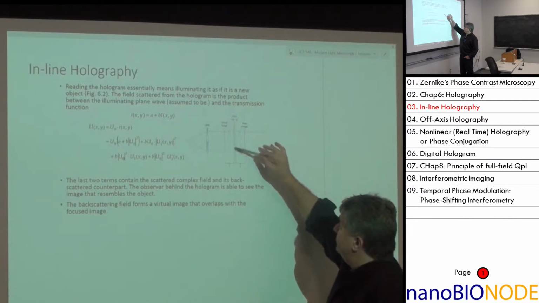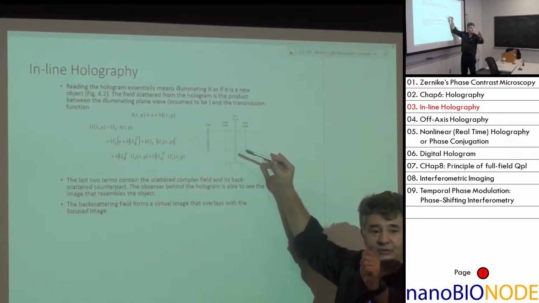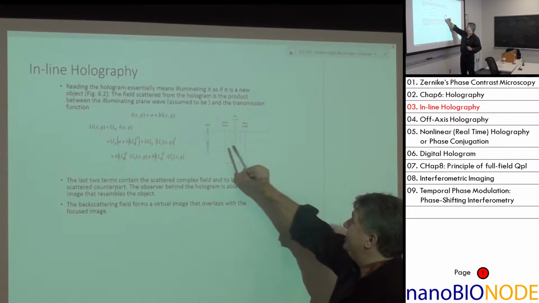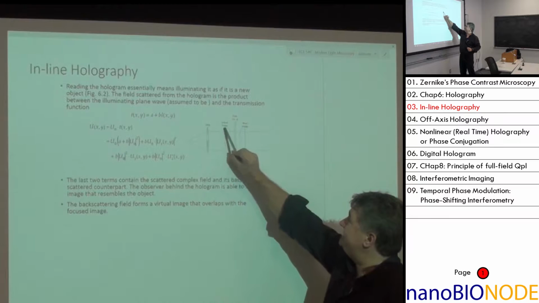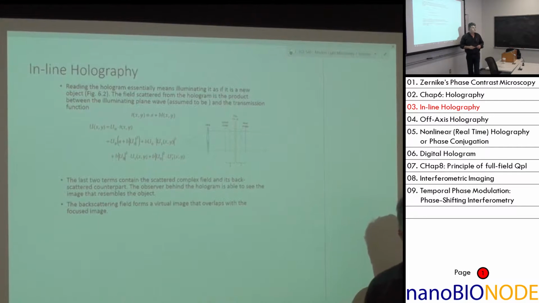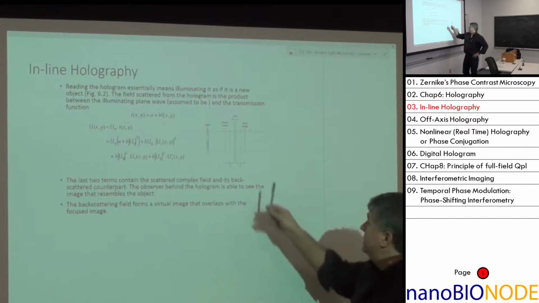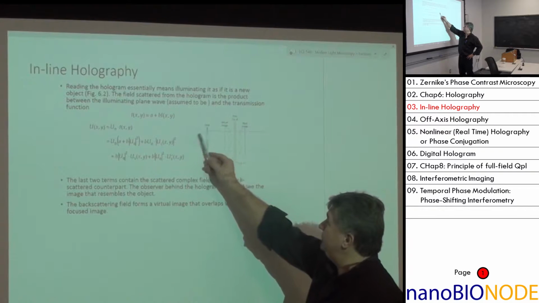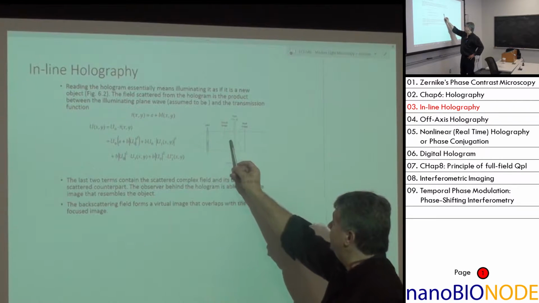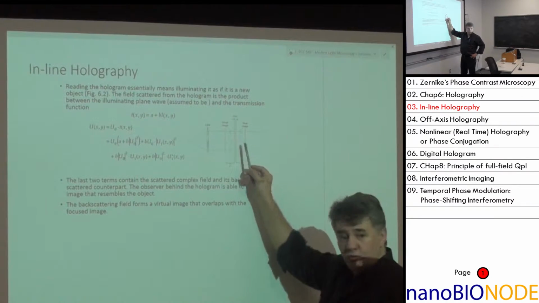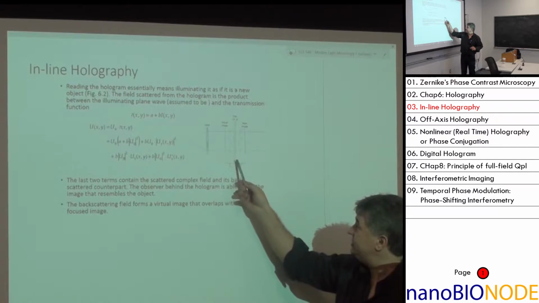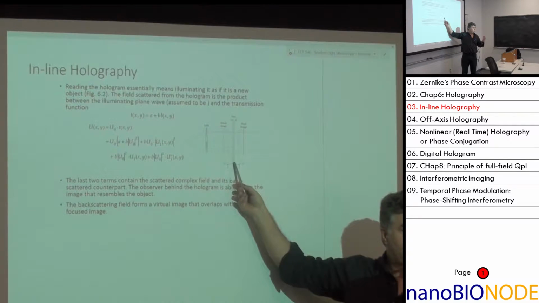You take the film, the piece of glass that has the hologram on it, and then you illuminate it with the exact same beam. You place this here, you take your same collimated beam, the light will diffract. This is essentially a complicated diffraction grating.